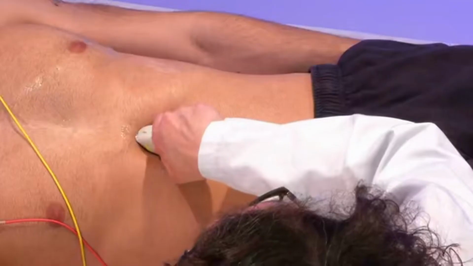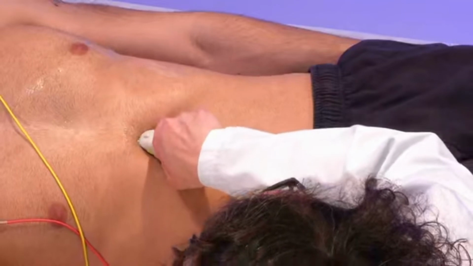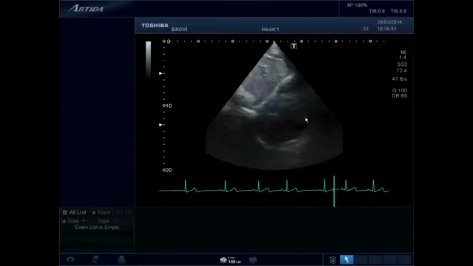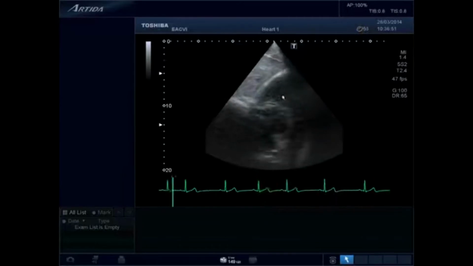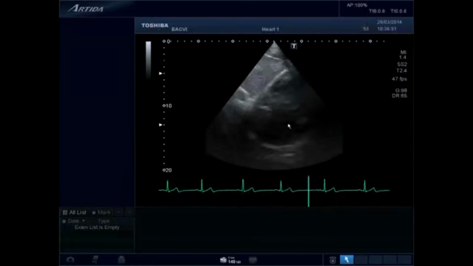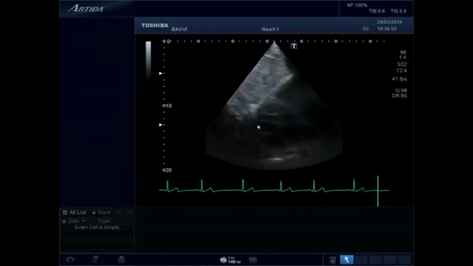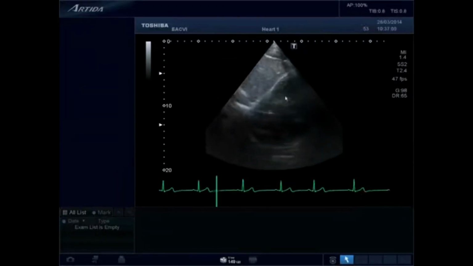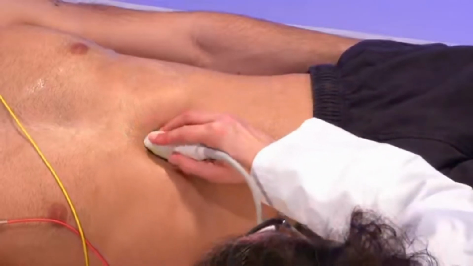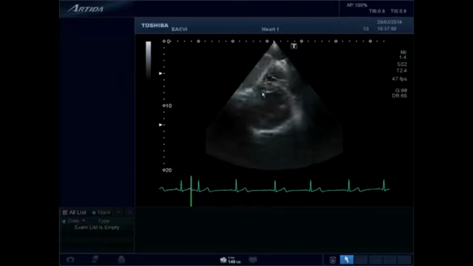Then I will tilt a bit the transducer in order to obtain a short axis view of the left ventricle. So I will ask you to breathe again and stop.